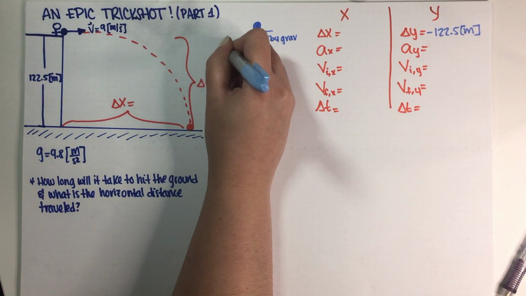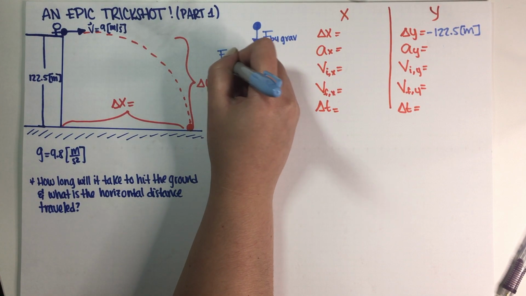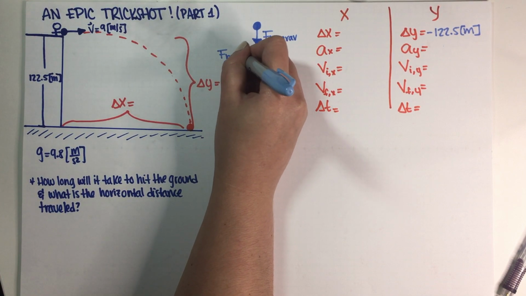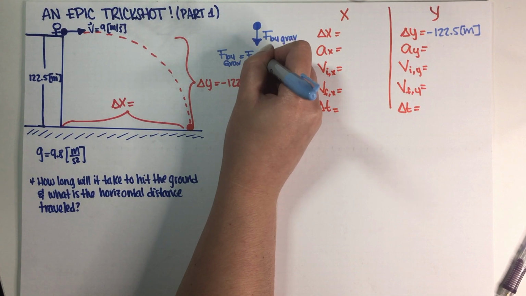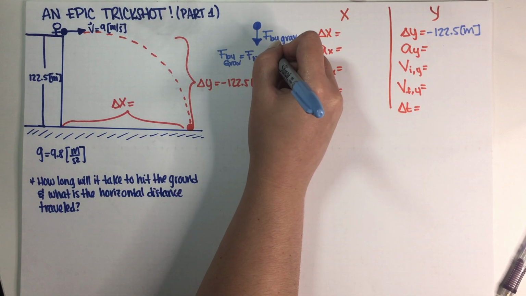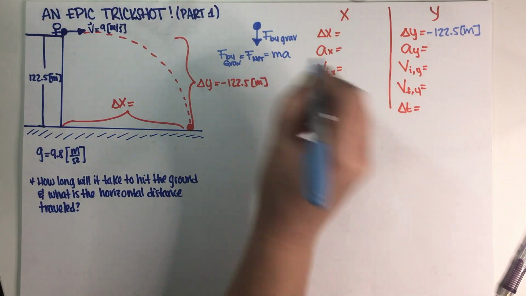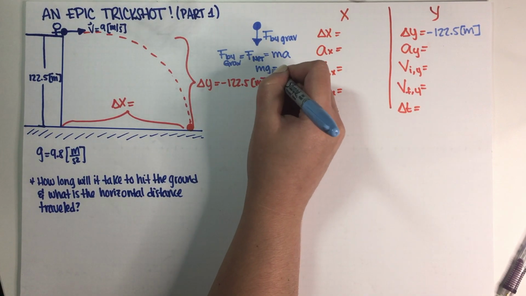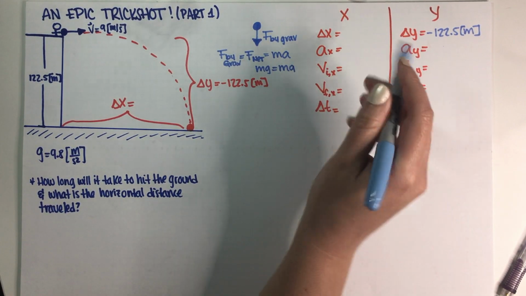So the force by gravity is my net force because, well, it is my only force. Then that is equal to mass times acceleration. So that means that mg is equal to mass times acceleration.